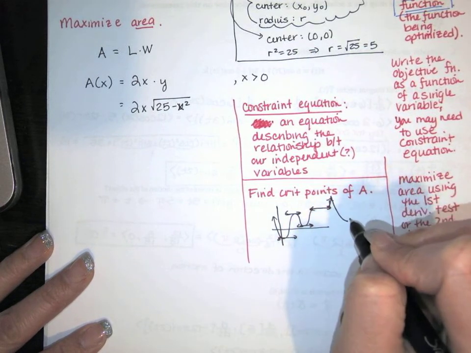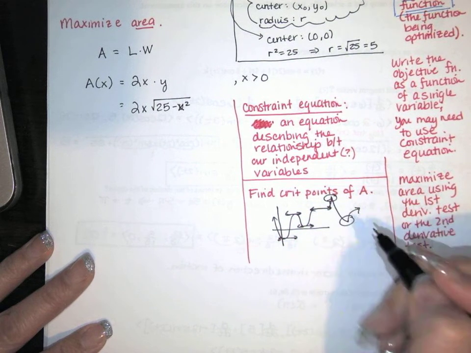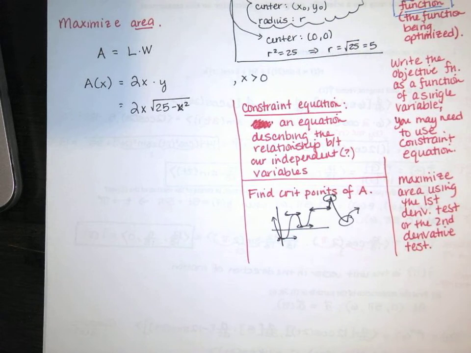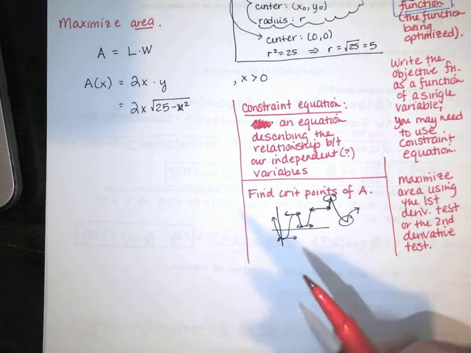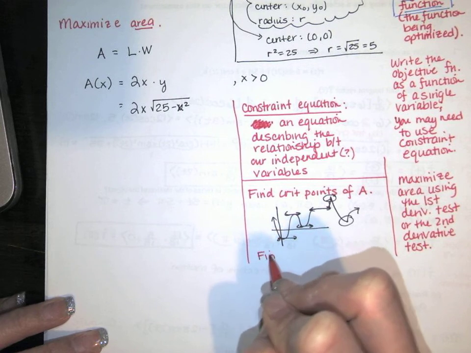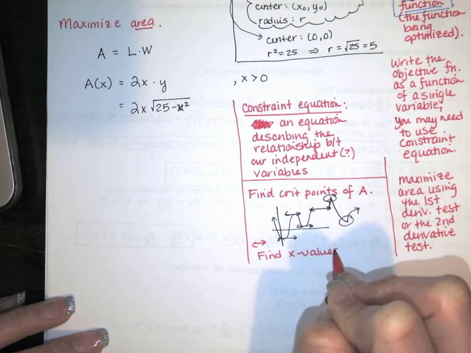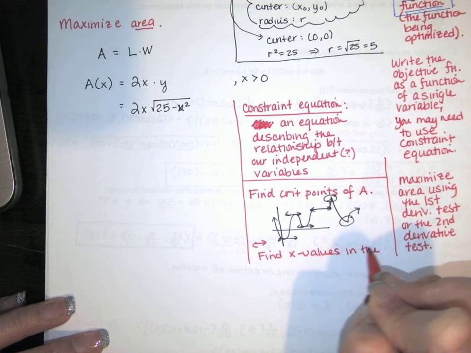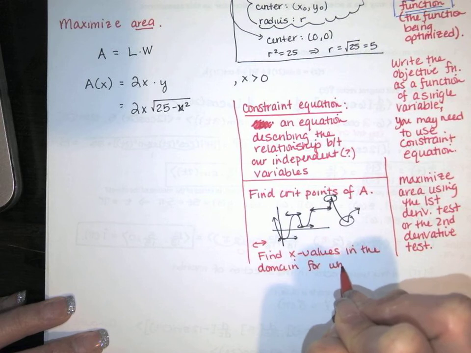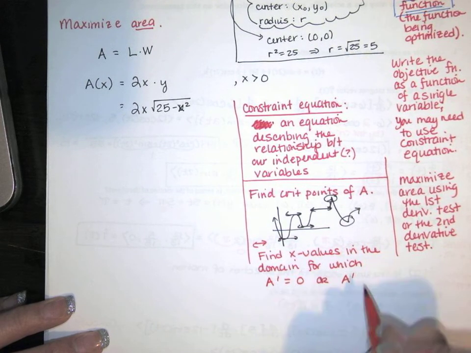Critical points are also points where maybe the derivative is undefined. We might have a max or a min because the derivative is undefined. Okay, so we need to find the critical points, which is the same as finding x values in the domain for which A prime equals 0 or A prime is undefined.